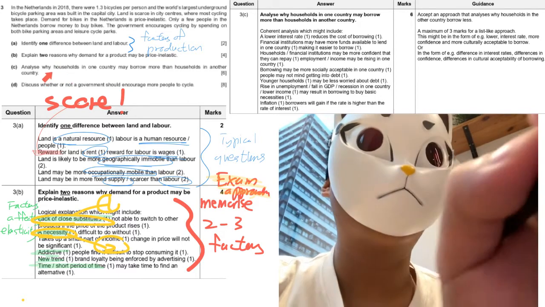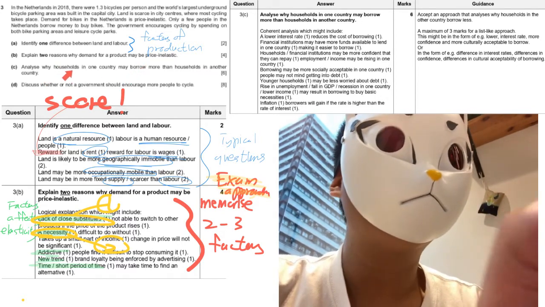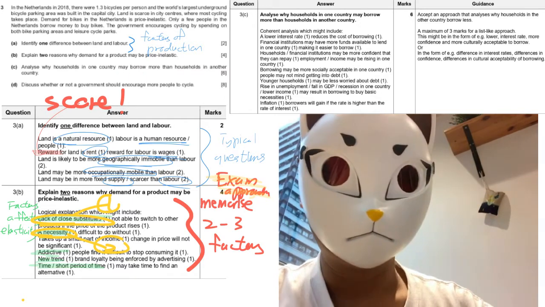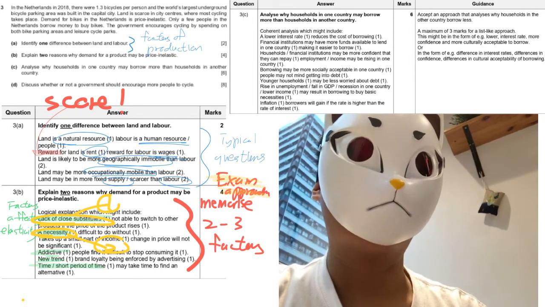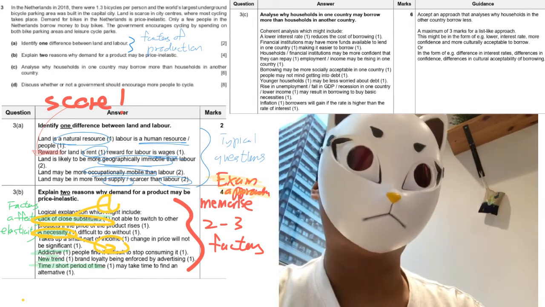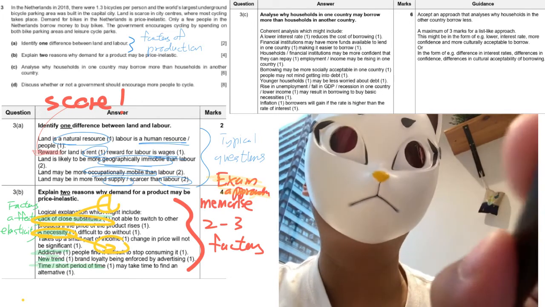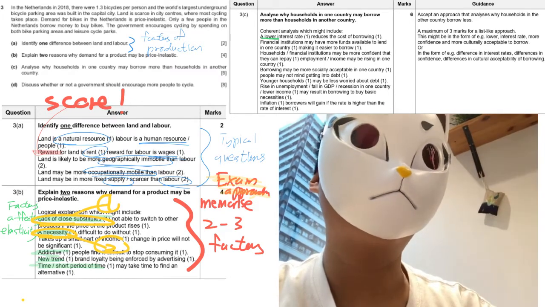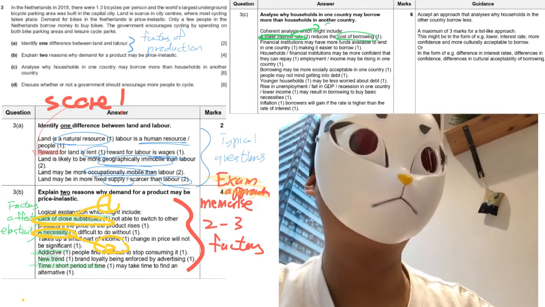So we have to analyze why countries may borrow more, the pattern of borrowing. Of course, the first one is the interest rate. This affects the cost of borrowing, the opportunity cost.